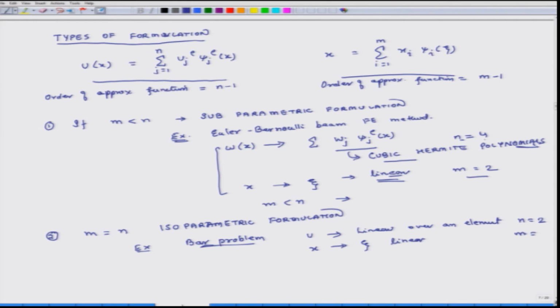So m is equal to 2. This is one scenario.